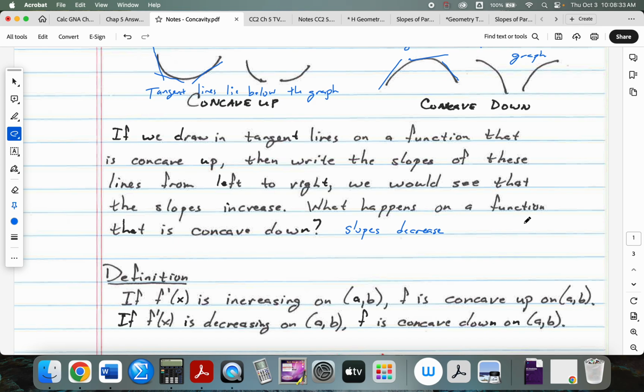Now, notice it says f prime is increasing. Well, how did we test to see if a function was increasing or decreasing? What did we do all over the place on last night's homework? How did you see when a function was increasing? The candidates test?